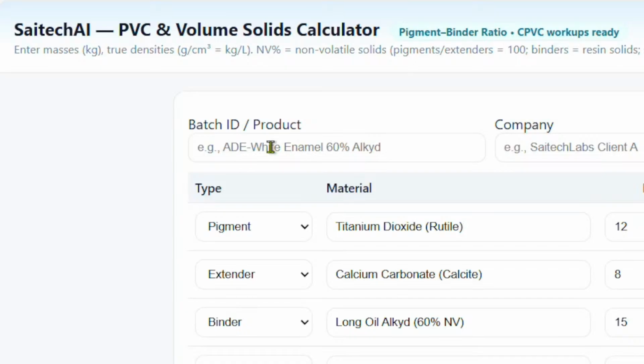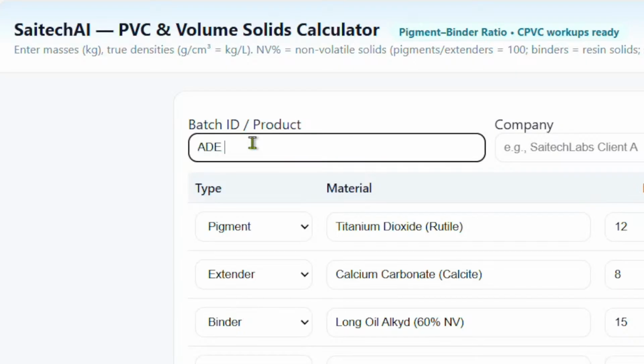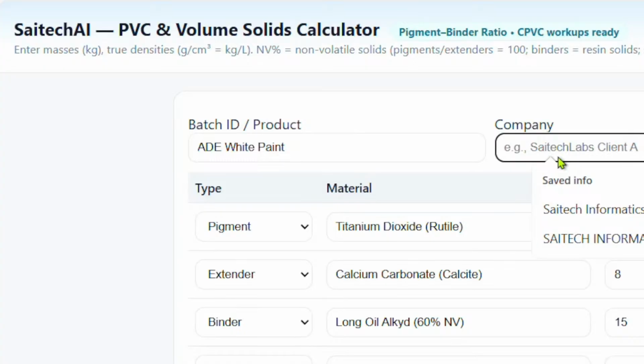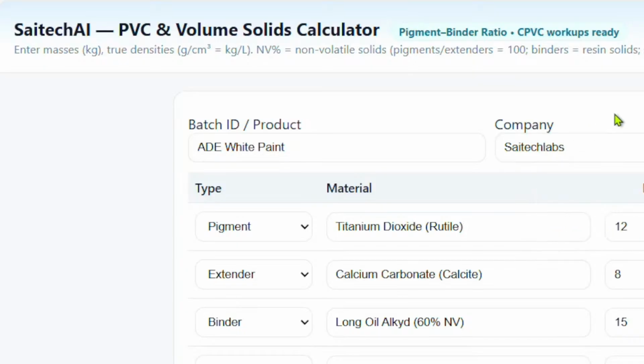Let me take any product. For instance, in this case, I have got some alkyd drying enamel, ADE enamel white. Okay. So let us fill up this white paint. This is the product. And let us have our company's name like SaitechLabs, or you can put your company name.